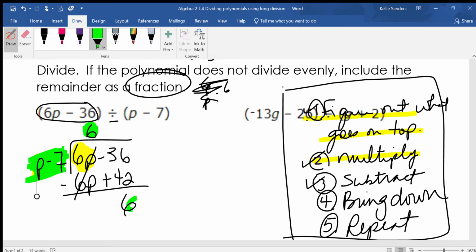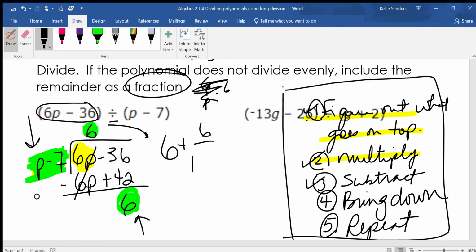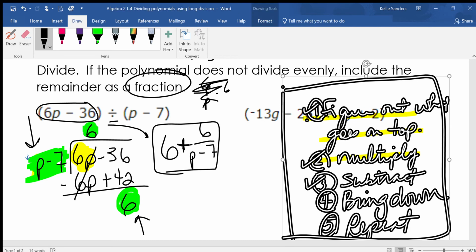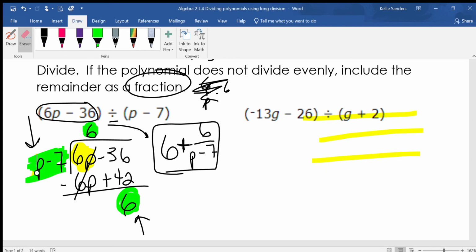Since this 6 does not have a p, there is nothing I can multiply p by to get just 6, so 6 is our remainder. So our answer is going to be 6, which is this 6, plus 6 over what we divided by, p minus 7. And you're always going to put a plus sign right there. Okay? And that is how we divide.